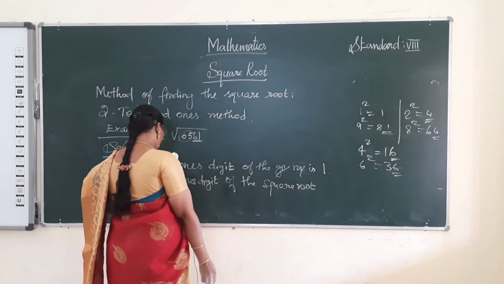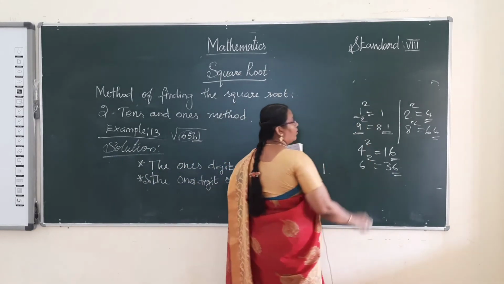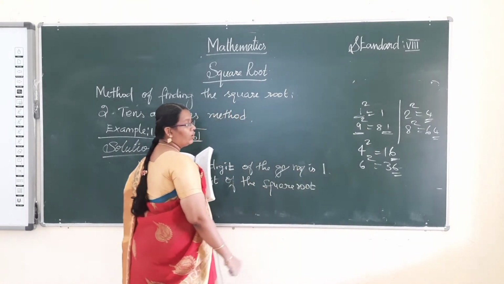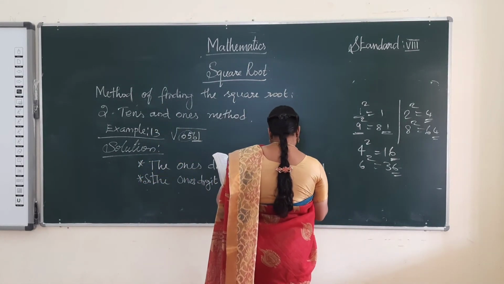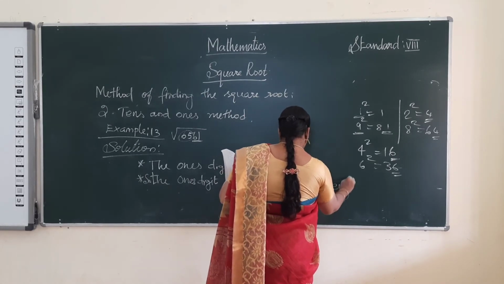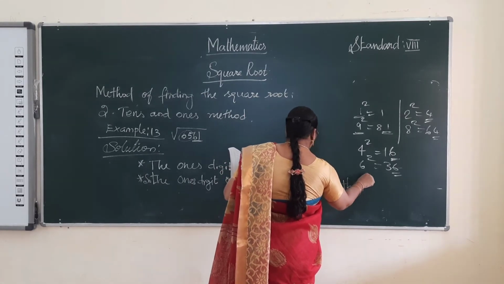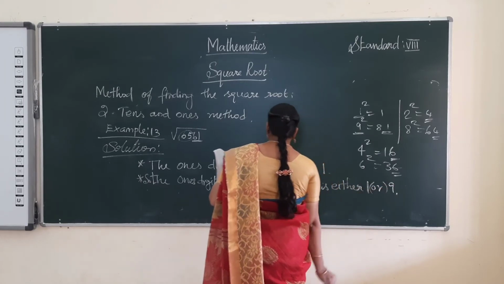We get 1 or 9. So the square root ends in either 1 or 9. That is the second step.